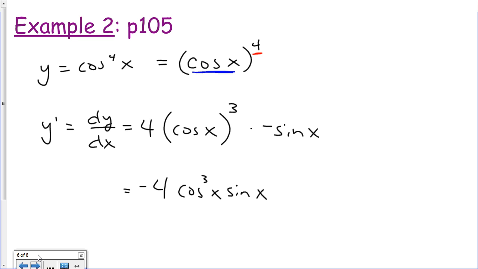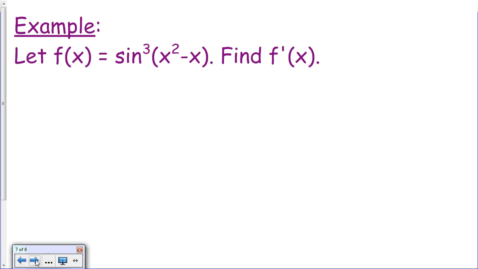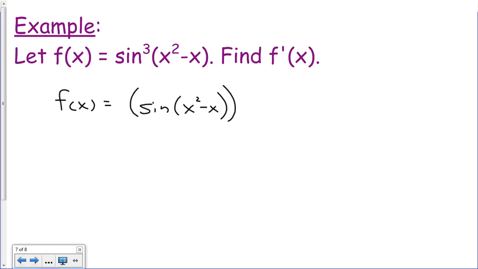All right, let's take a look at a couple more examples here. Here we've got several functions that make up our composition. It says let f of x equal sine cubed of x squared minus x. Again, if it helps you to rewrite this, I'd suggest that you do it. And I would definitely recommend it here, because this is actually saying to take the sine of x squared minus x, and you're raising all of that to the 3rd power.